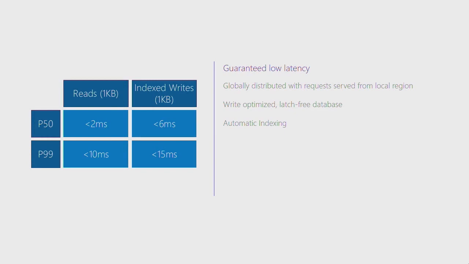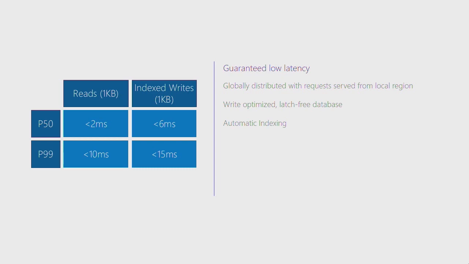So now that you have a bunch of requests coming in, your data is in the database, let's talk about performance. And in particular, let's talk about what kind of performance guarantees you get with this database. Now, lots of databases like to tell you that they're performant in the best case scenario, and they'll give you a performance benchmark.